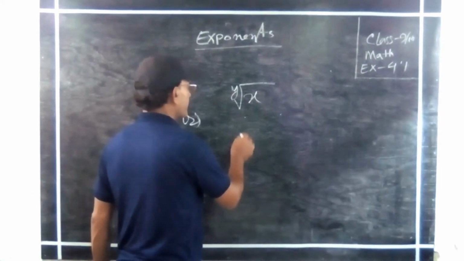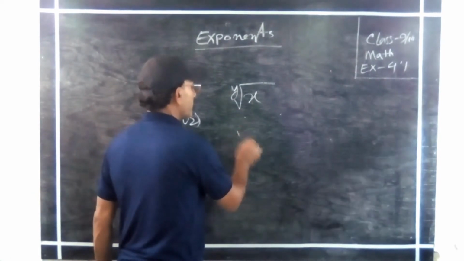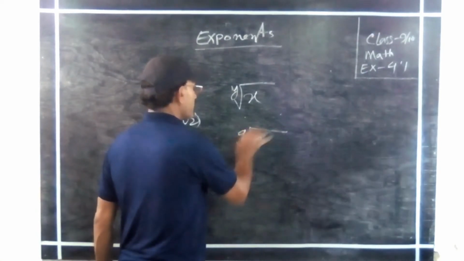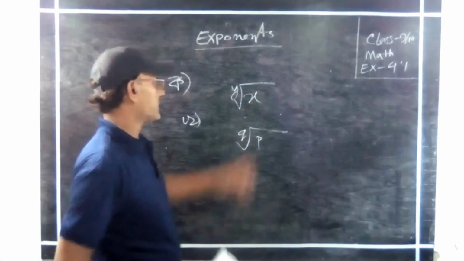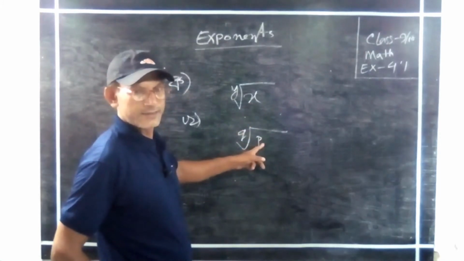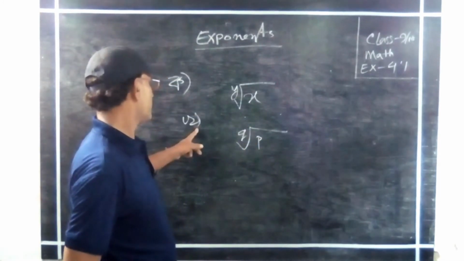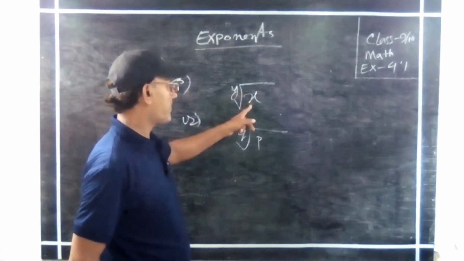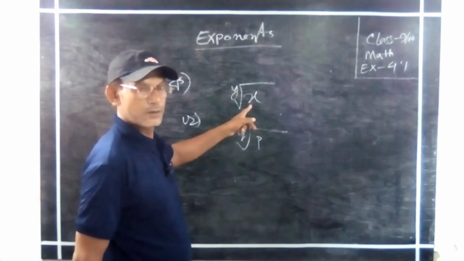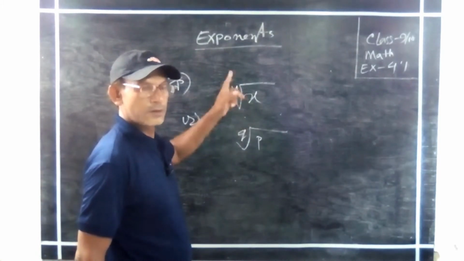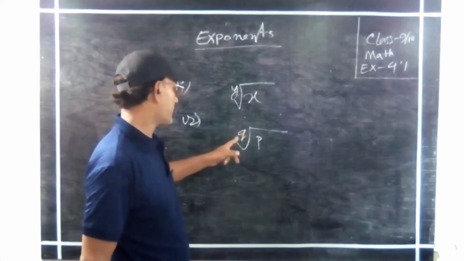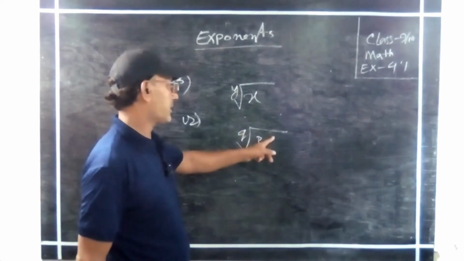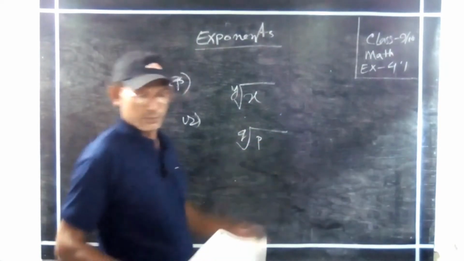That means our answer is the cube root of p. This is our answer. First, the yth root of x; second, the cube root of p, and this is our solved problem.